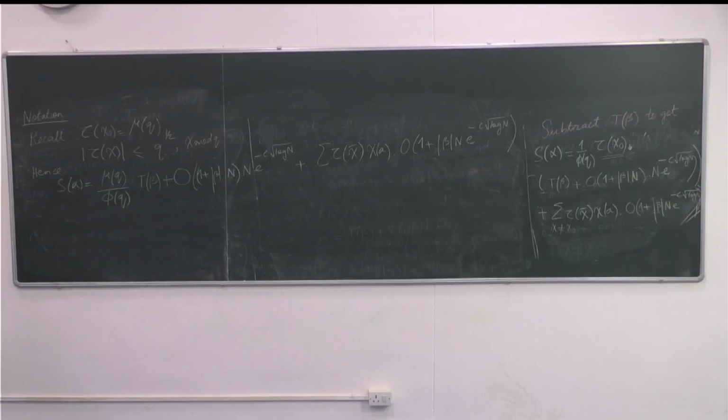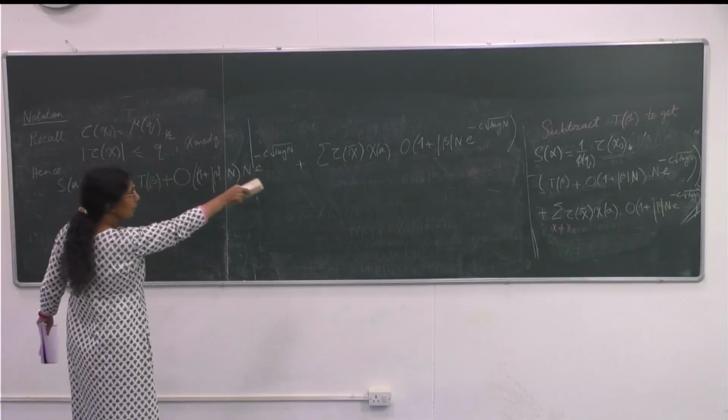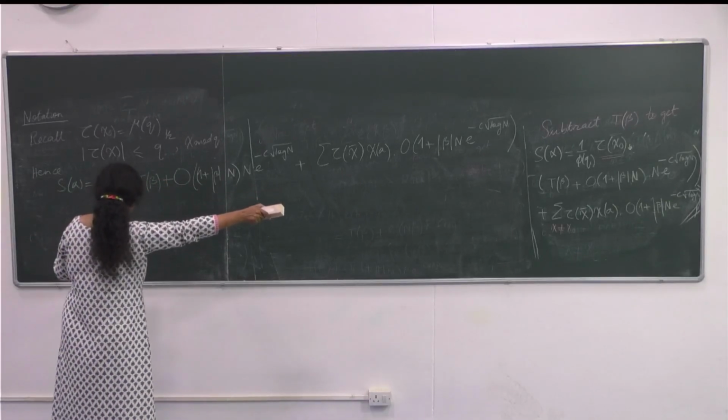I think I did something false. T of beta plus, no, where are all these? All of that will get eaten up by the error term. So what I wrote is not correct. The first thing is correct: big O of 1 plus beta n, that's fine.